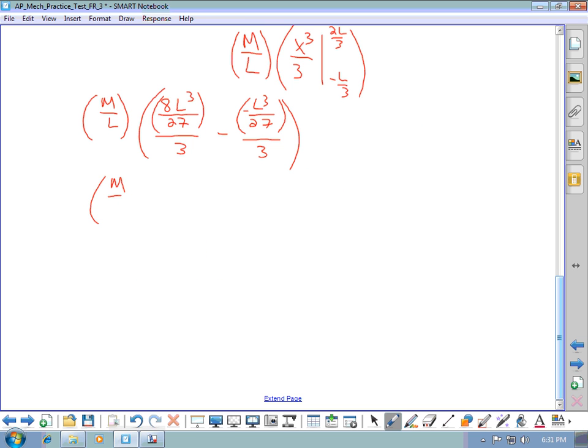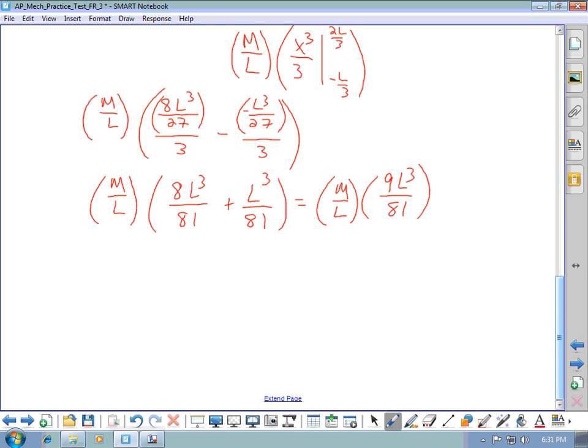So that gives m over L. 8 over 27 divided by 3 is 8 over 81. So this is 8L cubed over 81. Minus a minus becomes plus, so it's plus L cubed over 81. So this is m over L times 9L cubed over 81, which gives 1/9. So this is going to be 1/9 ml squared.